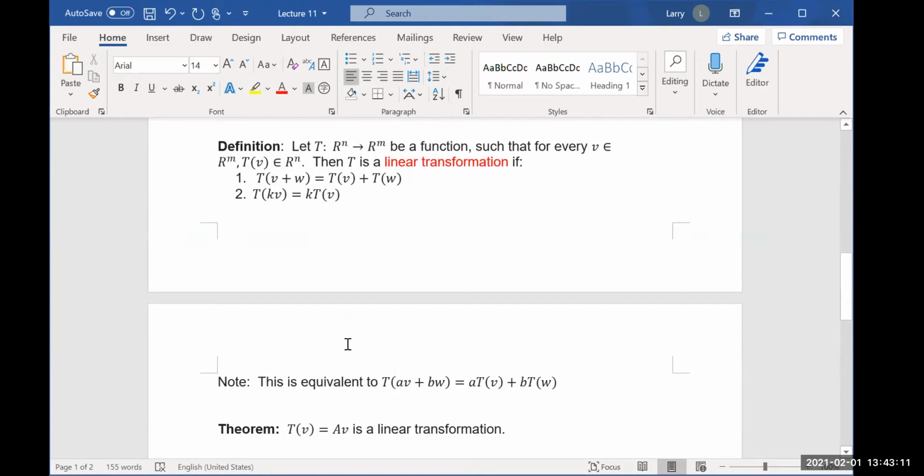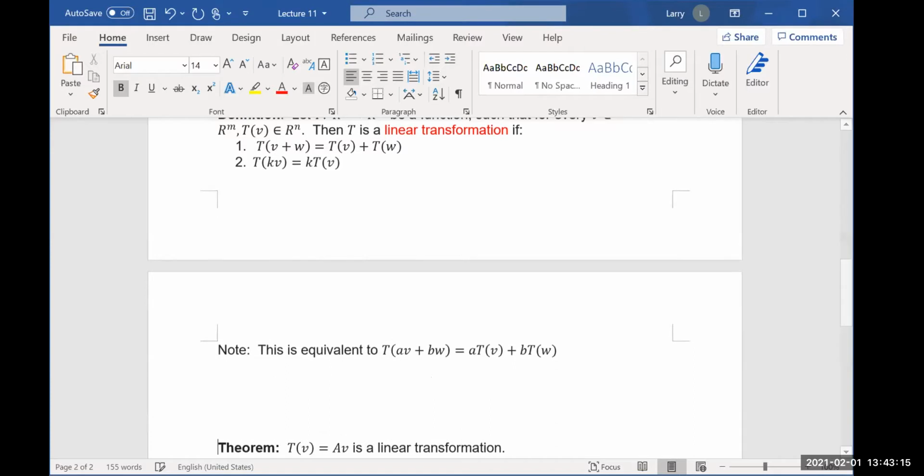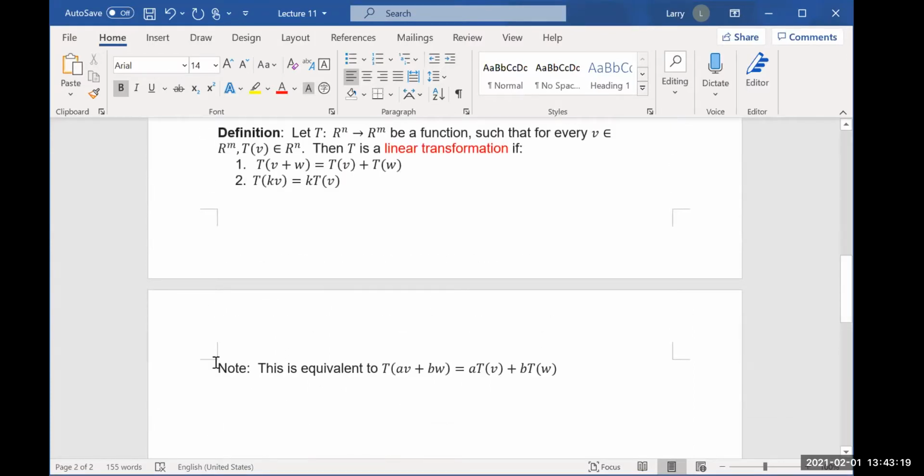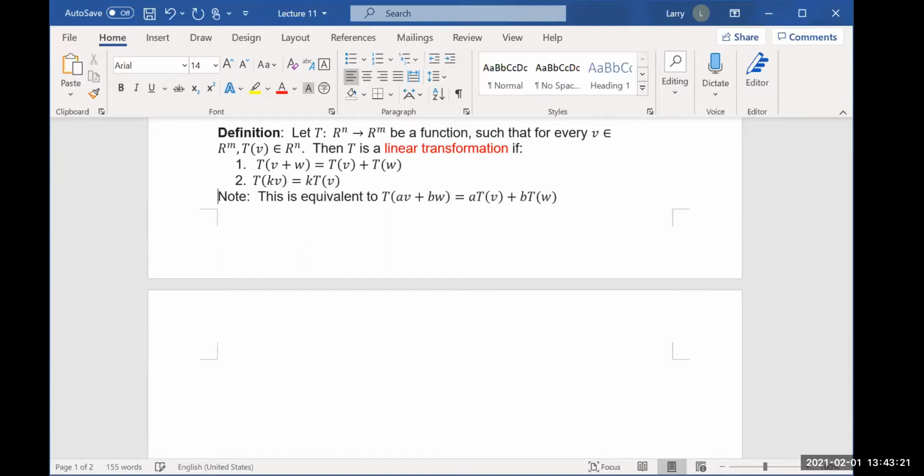Okay, so just a note. This is equivalent, this is the way the book does it basically, to T of aV plus bW equals aT of V plus bT of W. And that's because if you let a and b both be 1, do you see you get number 1?